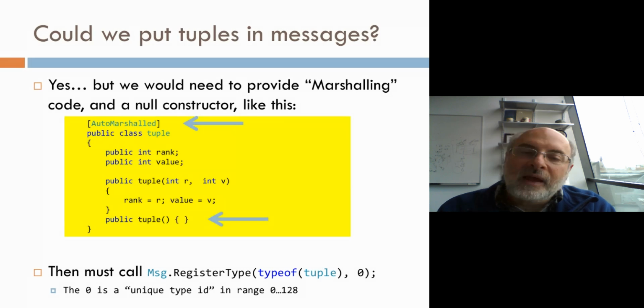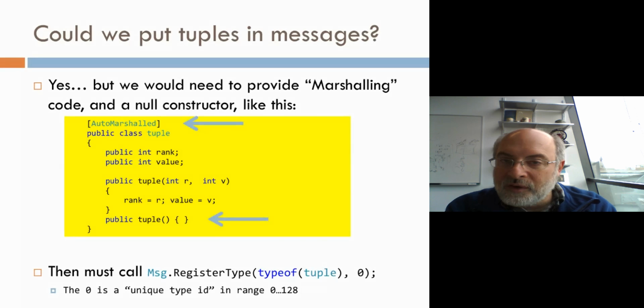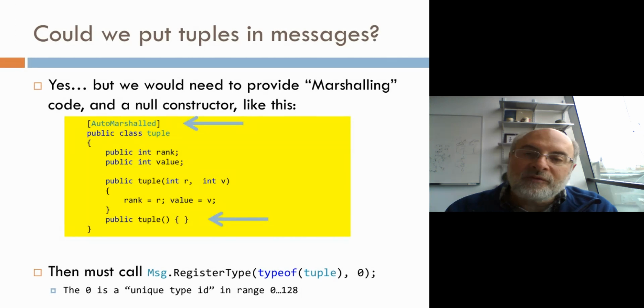Then there are constructors, and one other thing you're required to do if you use auto-marshalling is to have a constructor with no arguments, because when ISIS receives a message with a tuple, what it's going to do is call the null constructor. Then it will fill in the public variables with the values it got from the message, whatever rank and value was sent. And then one other thing you have to do is to call message.registerType.